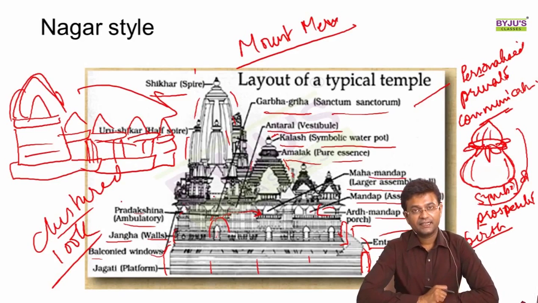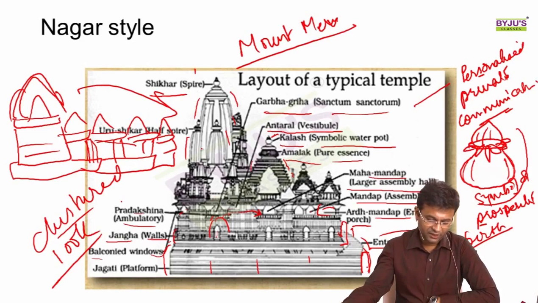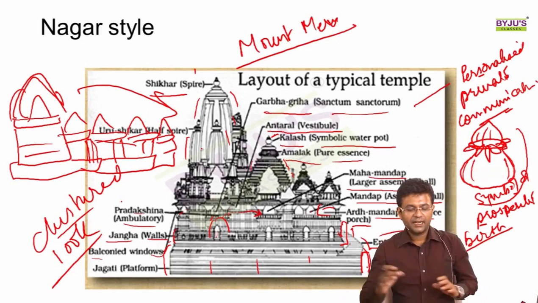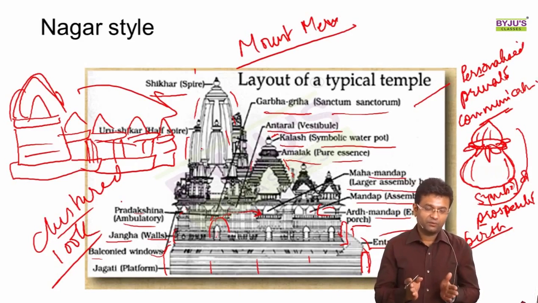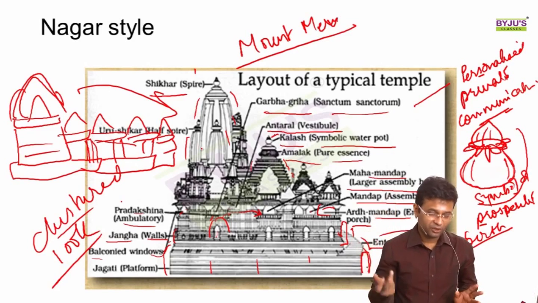One more reason is that it's simple psychology. In most of the religious structures across the world, you'll find that the higher the structure, the closer you are to the deity. That idea was very much prominent. Like the minarets of a mosque, the clock tower of a church, or the spire or the shikhar of a temple. So the idea was to carry the prayers closer to heaven or closer to God.